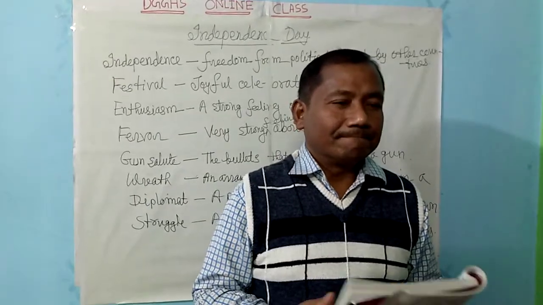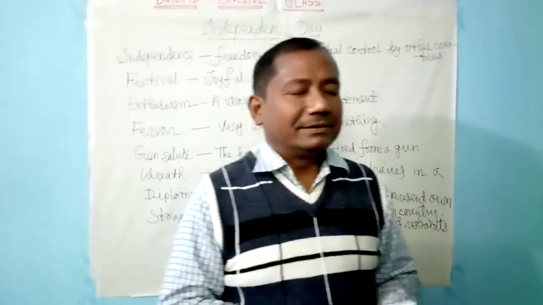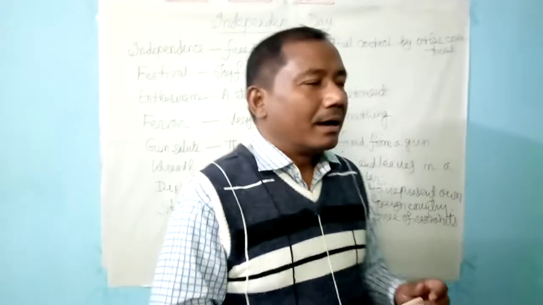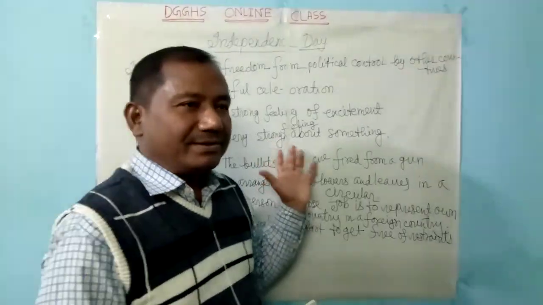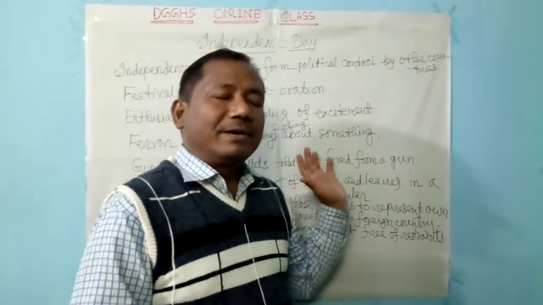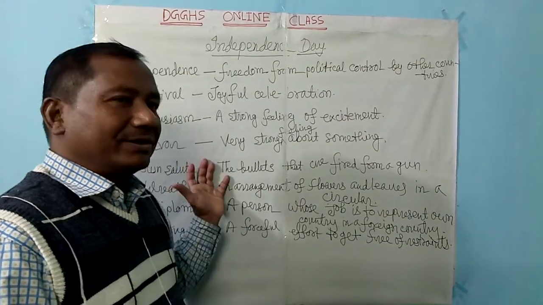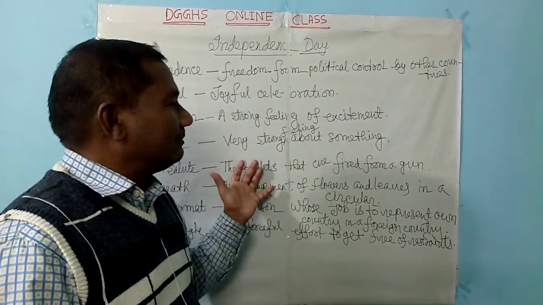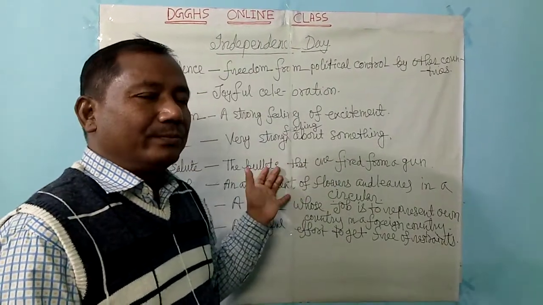So, dear learners, I have told you about our Independence Day. I have gone through the text. I have tried to find out the words and make their meaning clear to you.